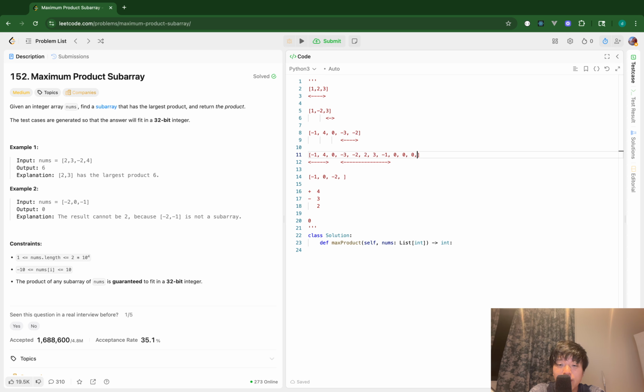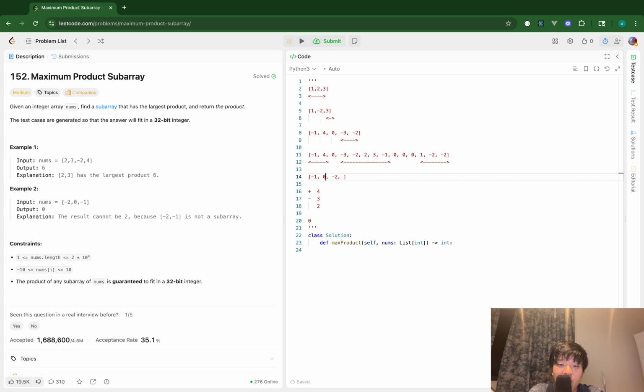And out of these ranges, I will try to find the maximum and minimum.